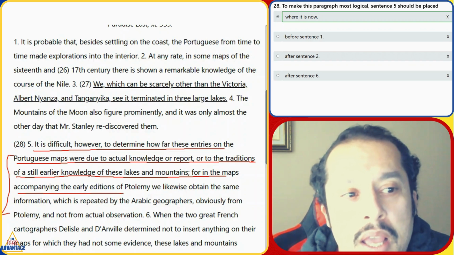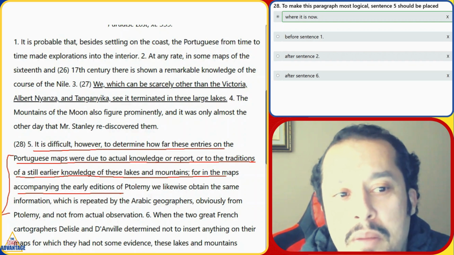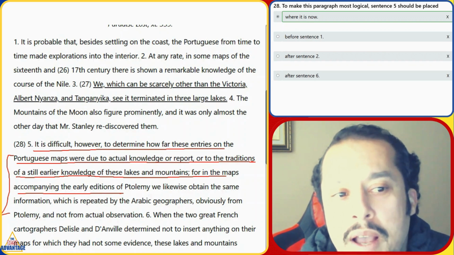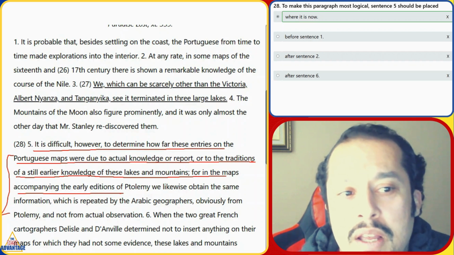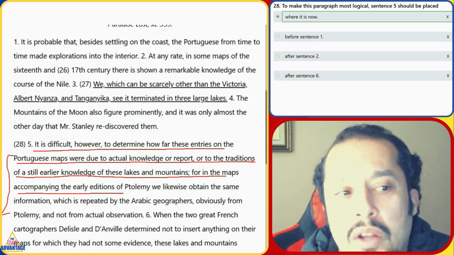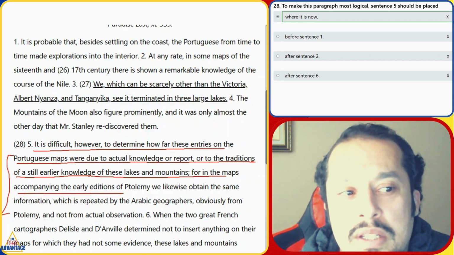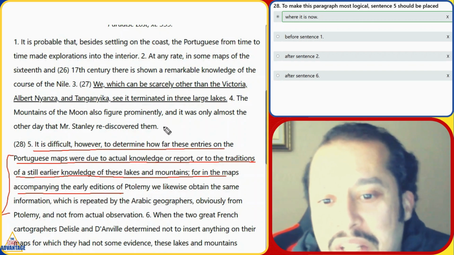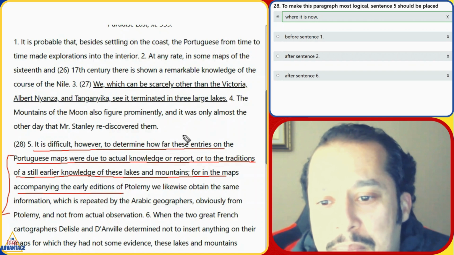So it suggests that Portuguese maps displayed more knowledge than Nile sources. Okay, it provides important context about maps and their inclusion of information about lakes and mountains, which have been based on actual knowledge. This information itself relates to the discussion of Portuguese explorations of the interior and subsequent dismissal of this information later. These entries.